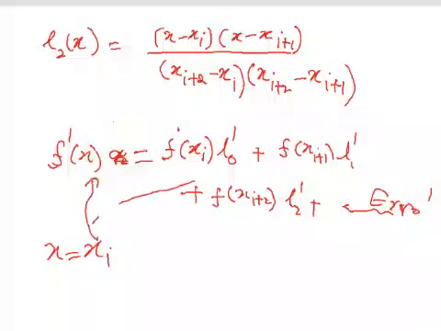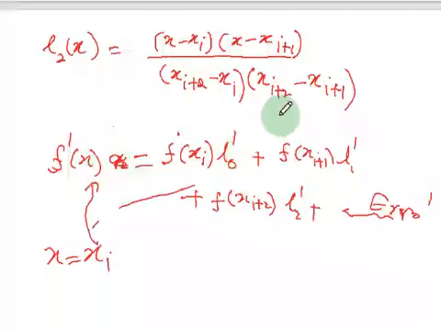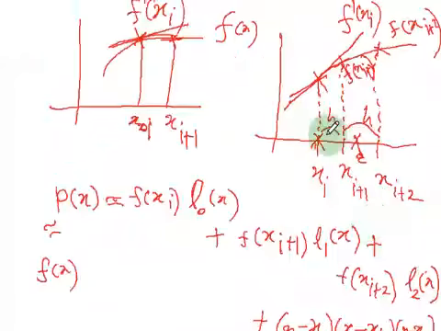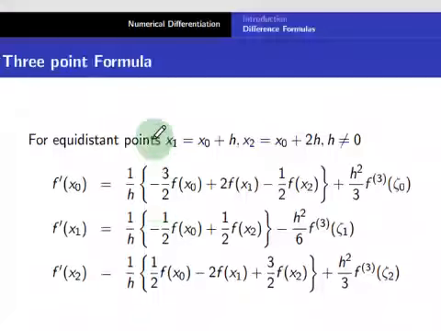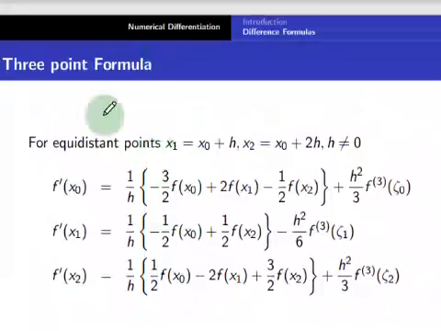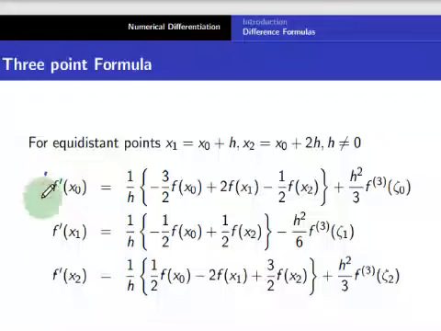And you can use this one as well. The gap between xi and xi plus 1 is h, and this one also you have h. You can use that, and finally you get this one here.